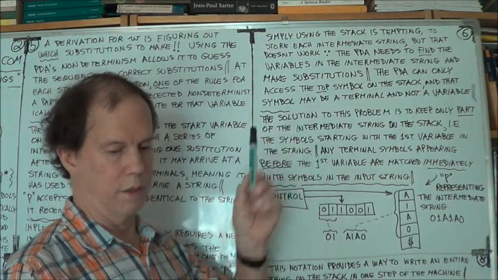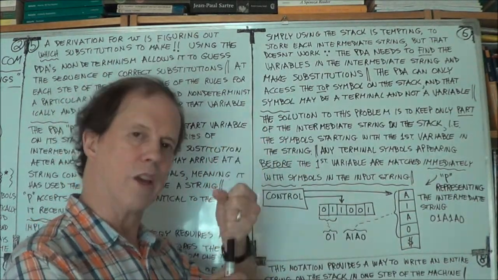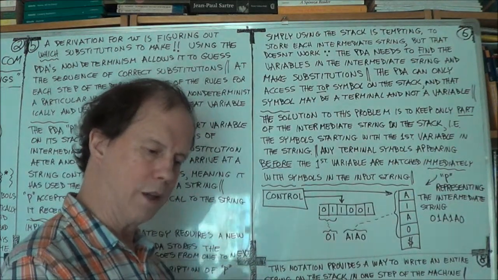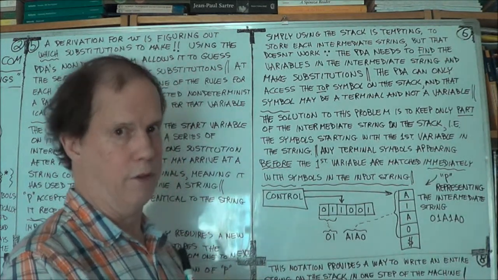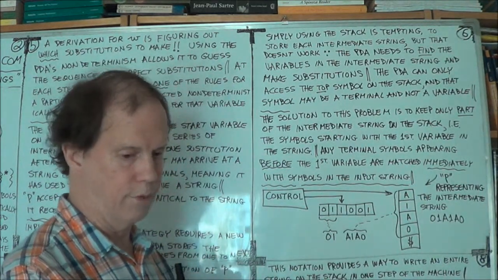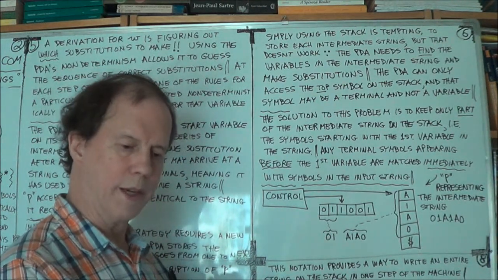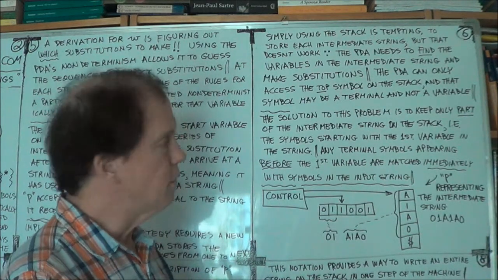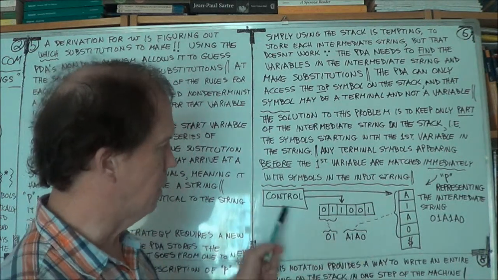If you had an intermediate string on your stack, it'll typically be a mix of terminal symbols and variables. But it could be that what's at the top of the stack is a terminal, and so that's not very useful.